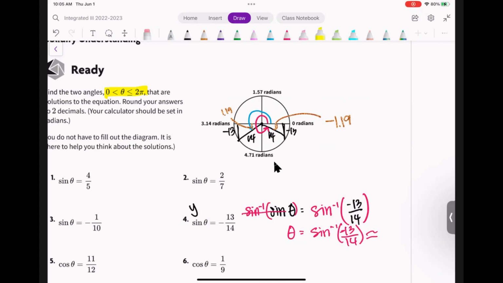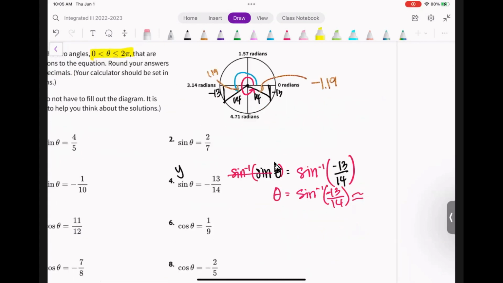So therefore, I'm going to look for theta. How would I calculate that blue angle, from here all the way to here? What's the math behind that? Does that make sense?